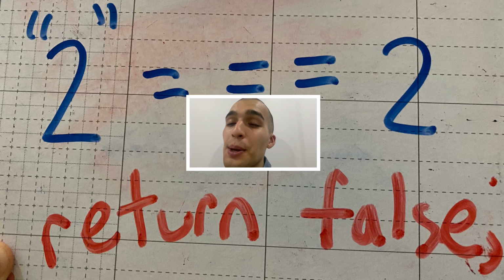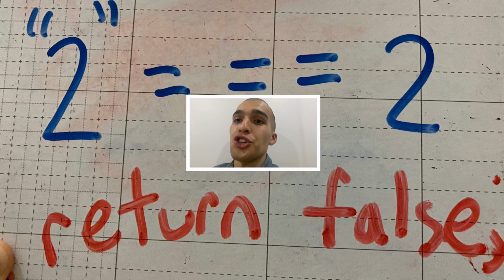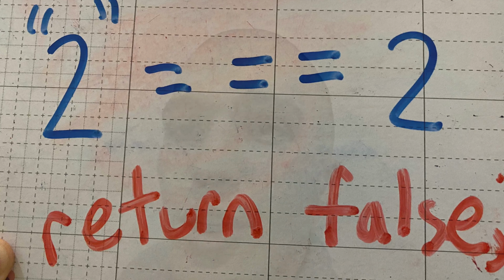Congratulations if you said the previous expression should have returned false. We know it should have returned false because we used triple equals, which means that we were evaluating whether two values were strictly the same.